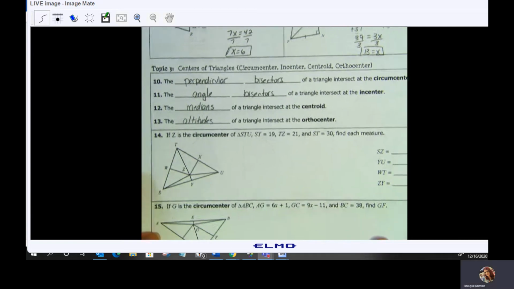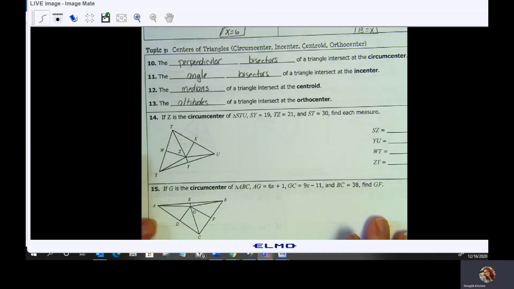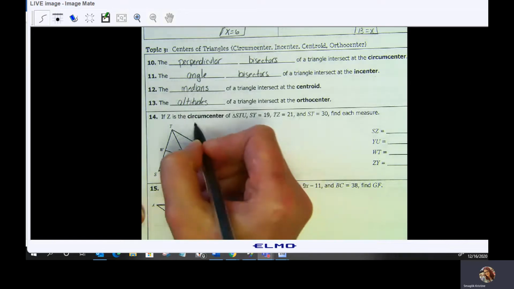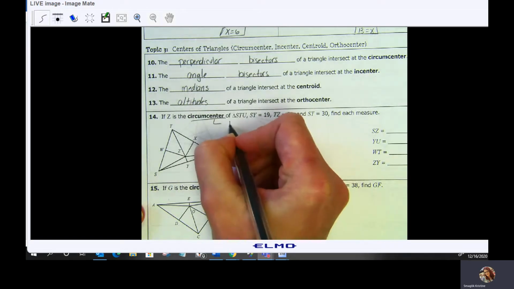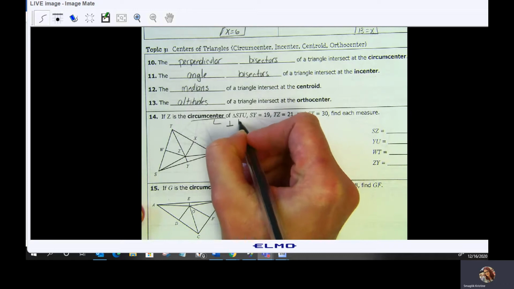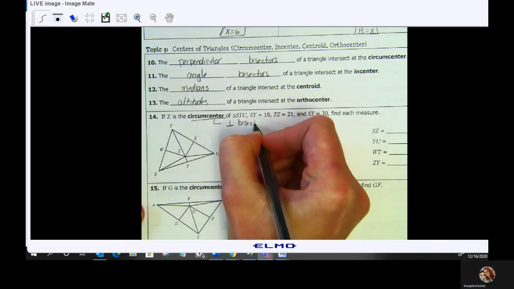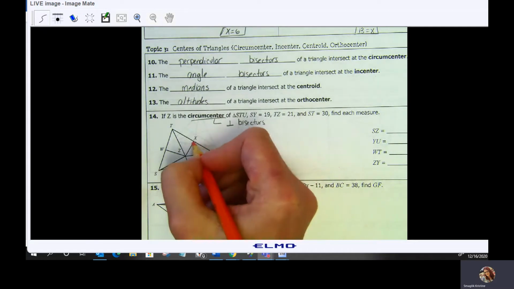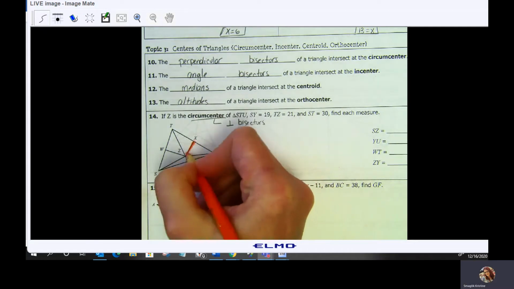So now let's take number 14. We are told that Z is the circumcenter. So right off the bat, if we know that Z is a circumcenter, we also know it is formed by perpendicular bisectors. So my perpendicular bisectors are right here.